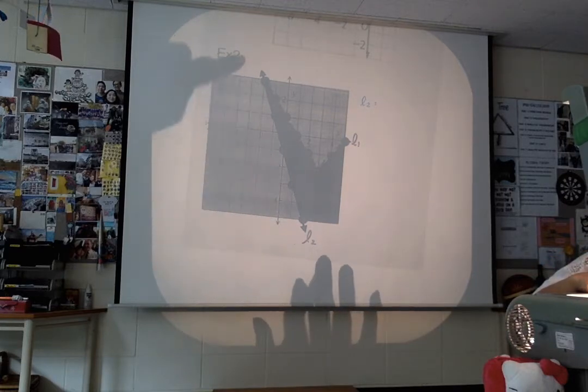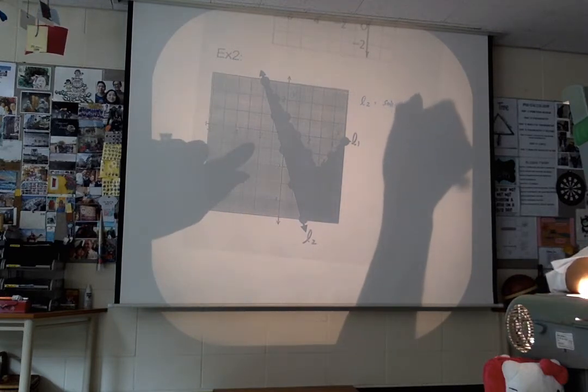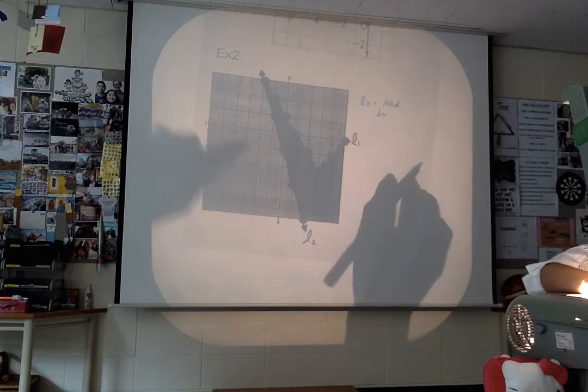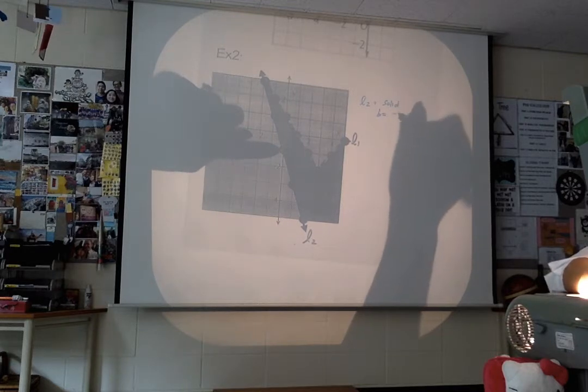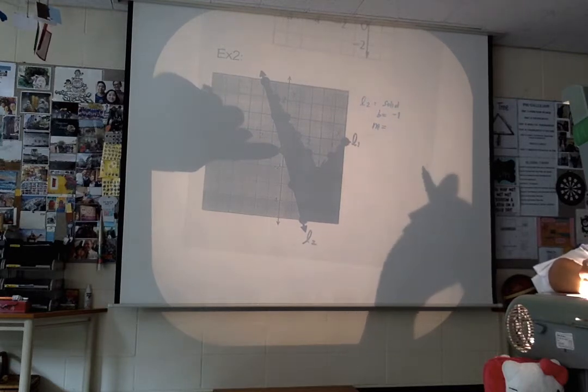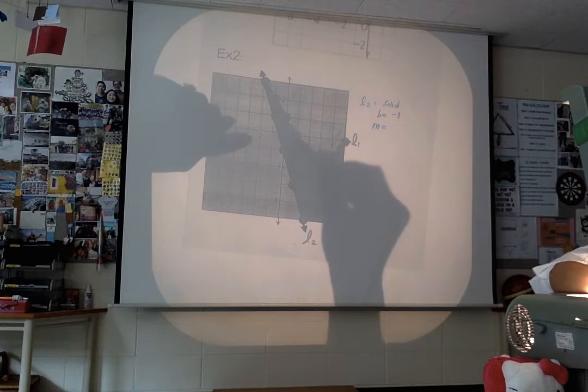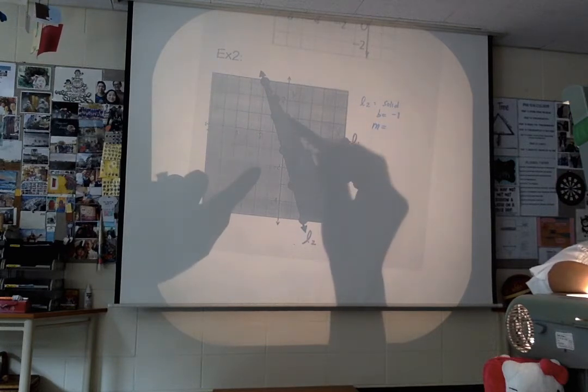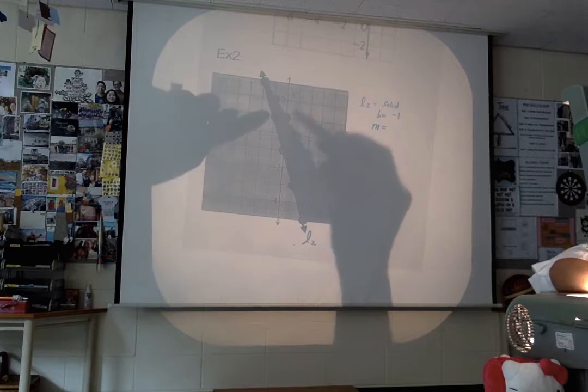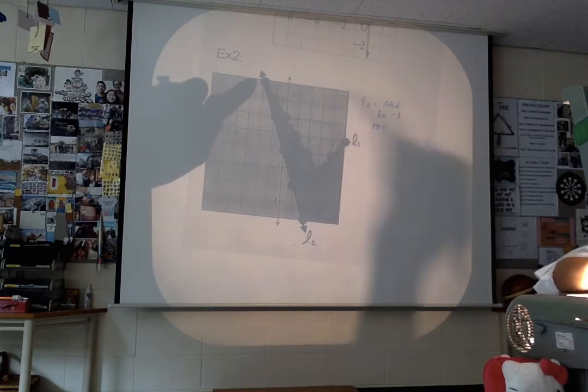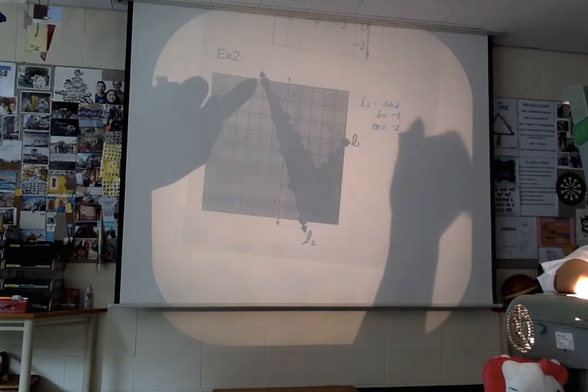It's linear, it's solid. What's its y-intercept? The y-intercept is negative 1. What's its slope? It goes up 2, left 1, so the slope is negative 2.